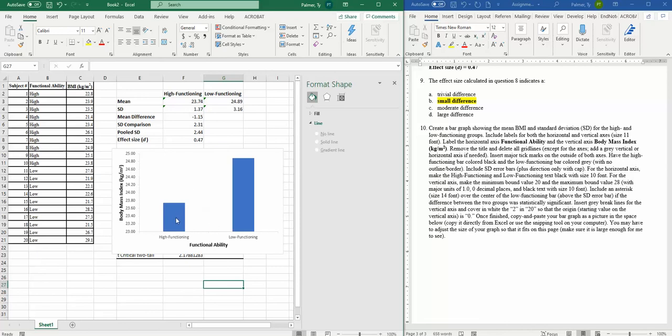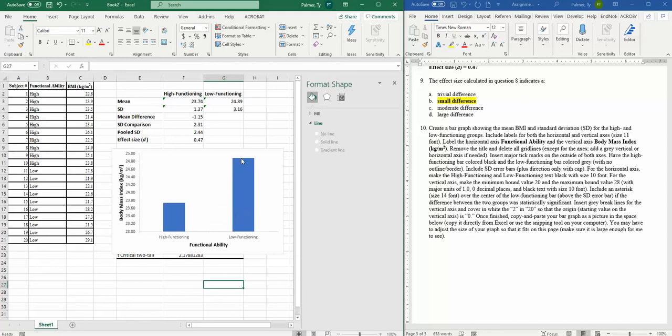Have the high functioning bar colored black. You'll notice that the bars here represent the means. And how do you know that? You can check: for the high functioning group, remember the mean was 23.74. Look at the top of the bar and then scroll over to the vertical. Yeah, that's at about 23.74, so that looks correct.